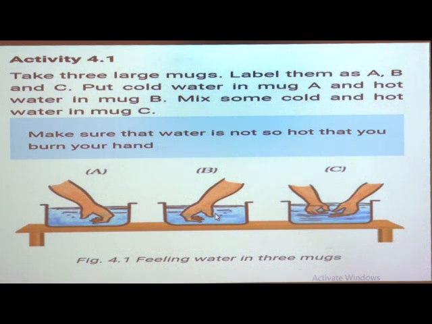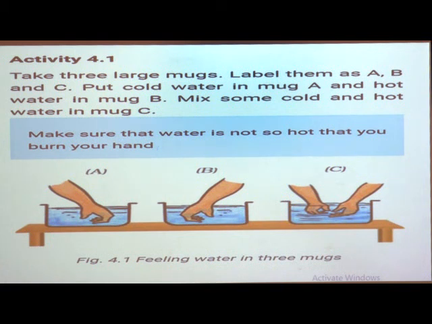So what happened here? Whenever you keep both hands in lukewarm water, the hand which you kept in hot water will feel that water is cool, and the hand which you kept in cold water will feel it is hot water. Because your hands already felt the hot and cold water, it happens like this.